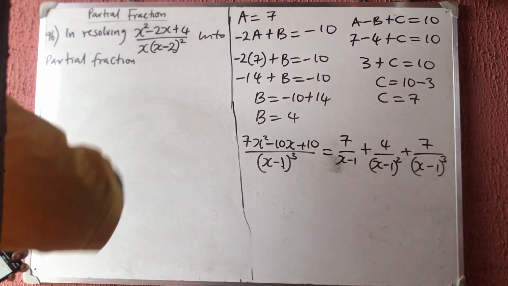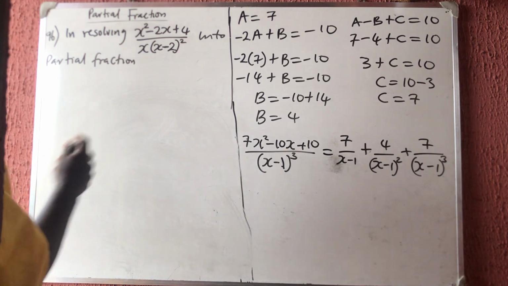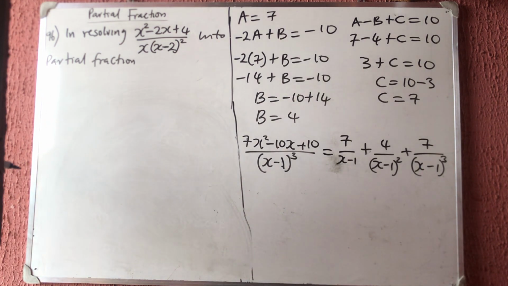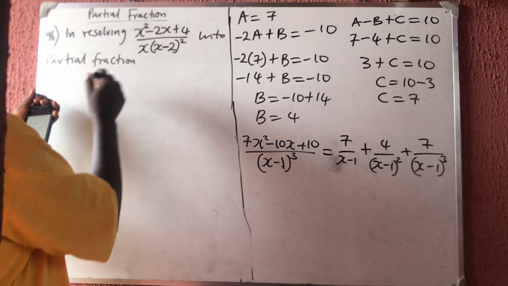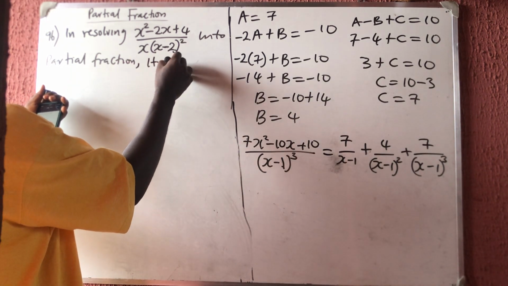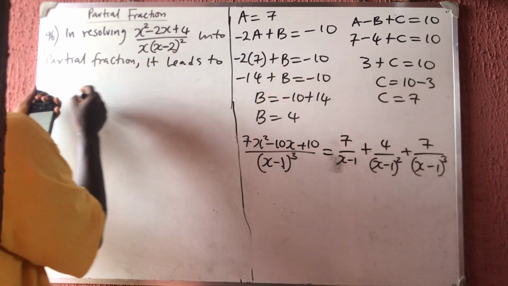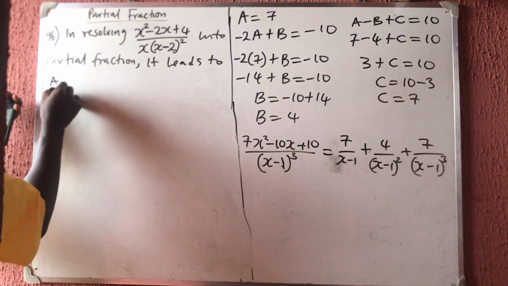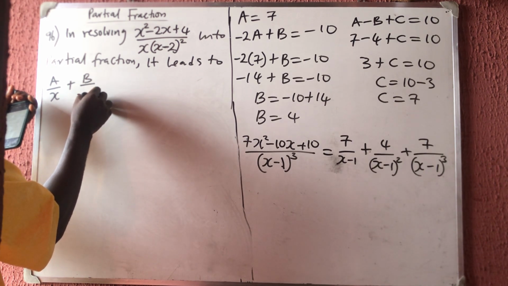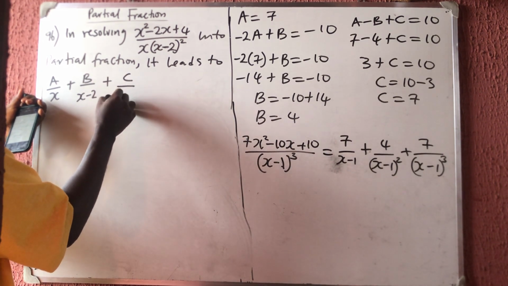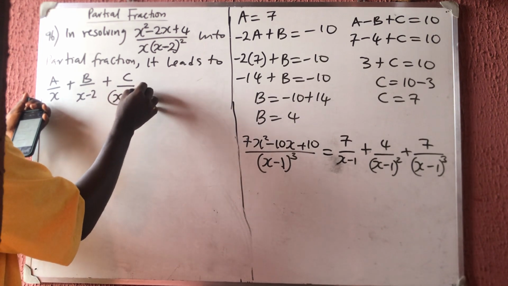in resolving this into partial fraction, then I say it leads to a over x plus b over x minus 2 plus c over x minus 2 all squared.